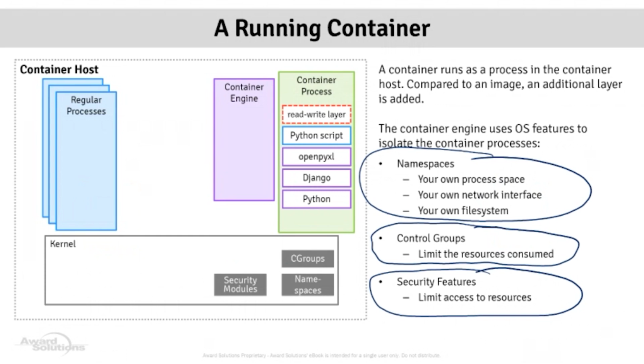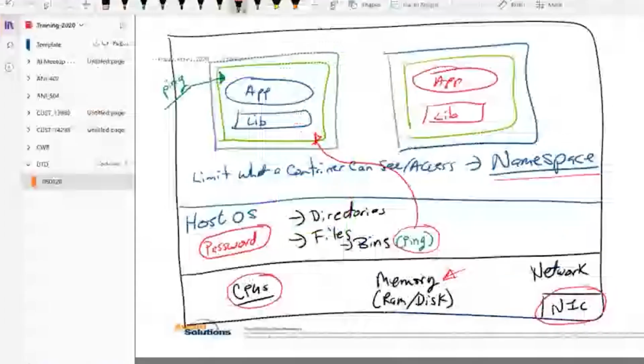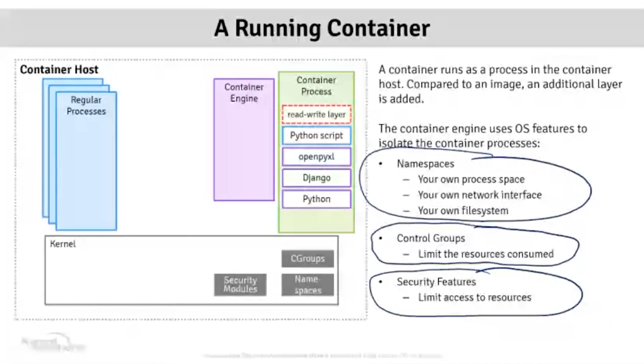Great question. RY is asking, is the namespace functionality provided by the Runtime Engine? Think of the Runtime Engine as working with the Linux operating system to get these namespaces set up. So if I go back over to the picture, actually I can do it right here. So this kernel, this is really the host operating system.